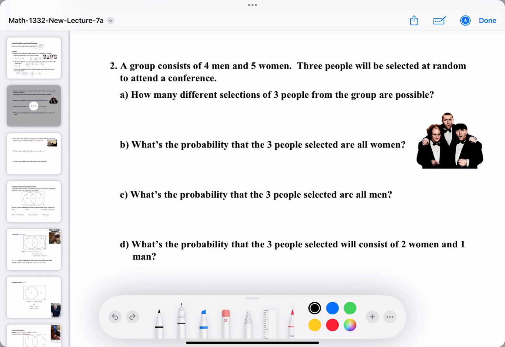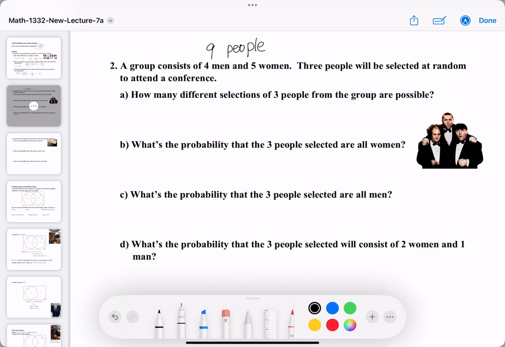So we are selecting 3 from a total of 4 plus 5, which is 9 people. The first question: how many different selections of people from the group are possible? We're selecting 3 out of 9.